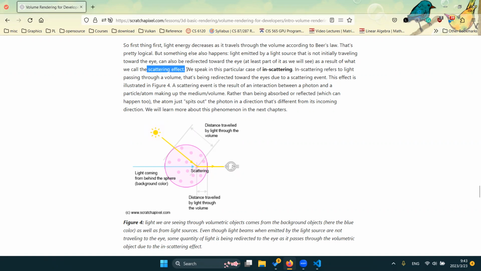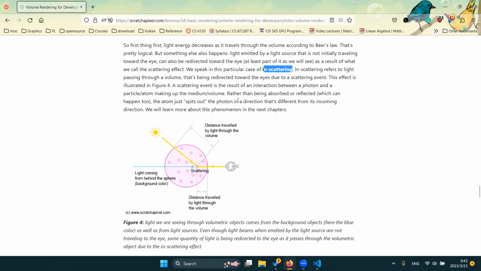The scattering effect, and in particular in-scattering. This gets even more fun when you start incorporating phase functions.